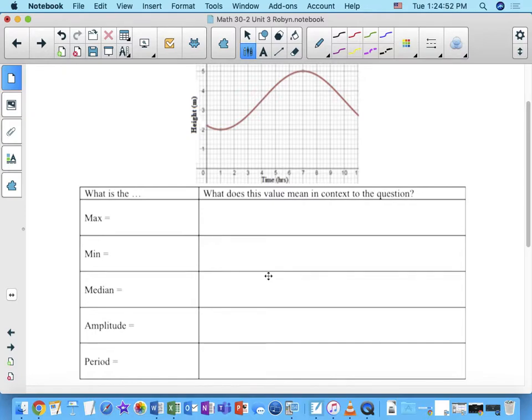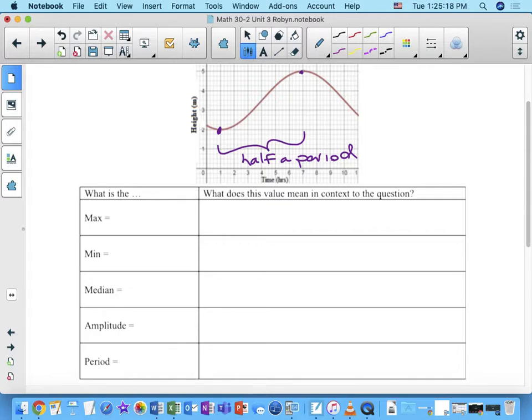Yeah. Min to max. This is half a period. And that's from 1 hour to 7 hours. 1 hour to 7 hours is a total of 6 hours. So if 6 hours is half a period, then a full period is going to be 12 hours.